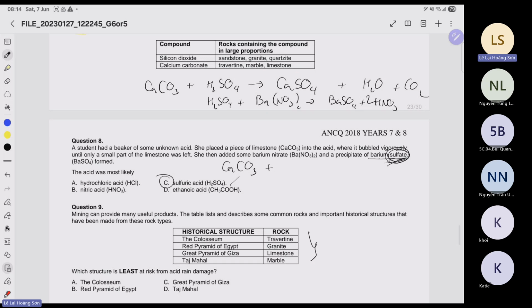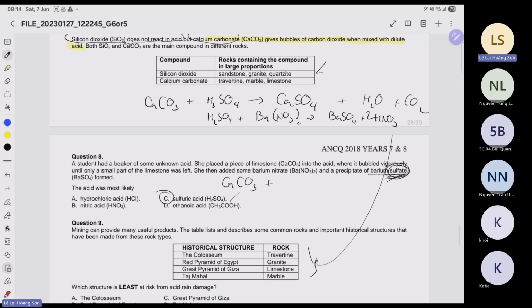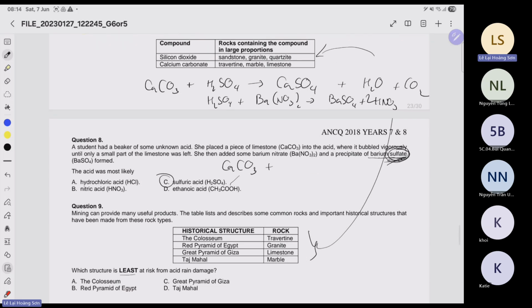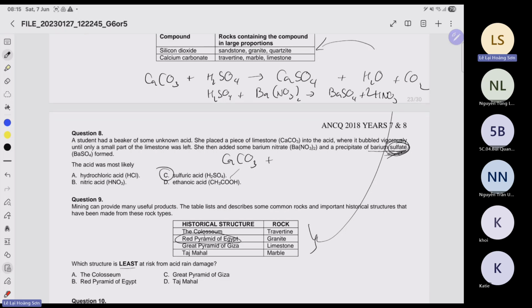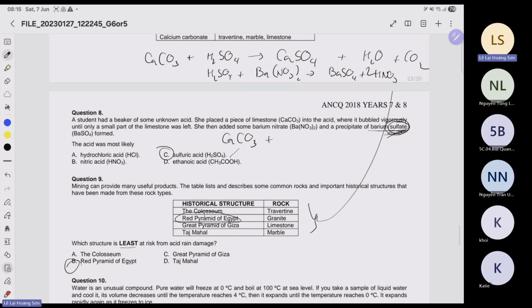We have this rock, and you have to map it to the rock that you have up here and choose the thing that is made from silicon dioxide, to confirm that it will not be at risk from acid rain, because it does not react with acid in the rain. So the thing that is made from silicon dioxide is granite and quartzite, so the red pyramid of Egypt. Question 9 is B.